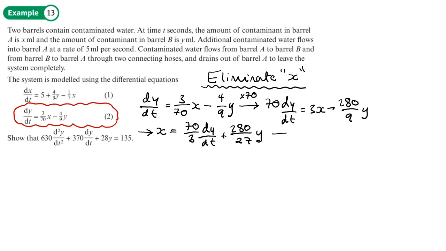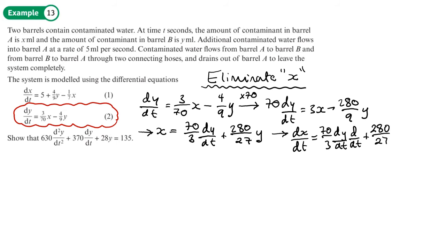We'll now differentiate this to find dx/dt, because we need to eliminate dx/dt as well. So remember, we've got this 70/3 dy/dt, and what am I doing? I'm differentiating this with respect to t. Differentiate everything with respect to t.